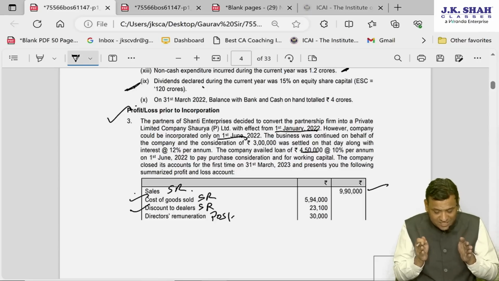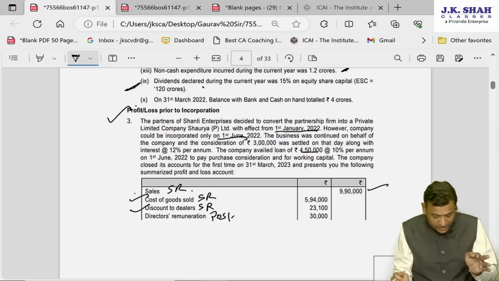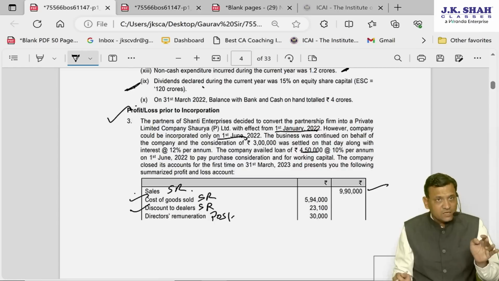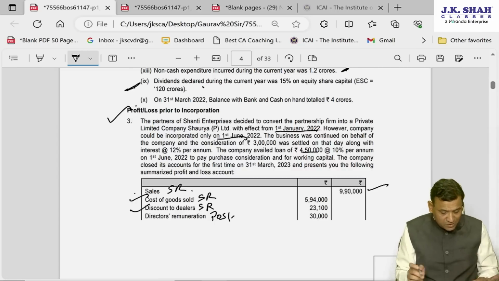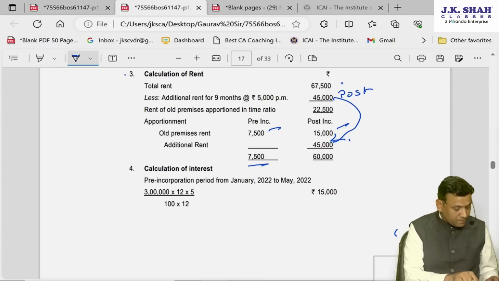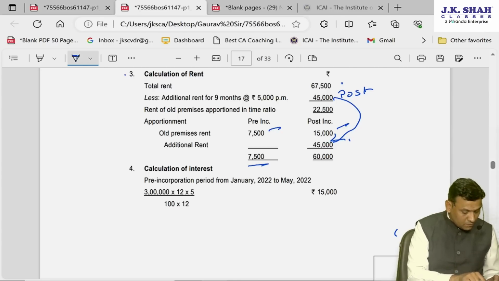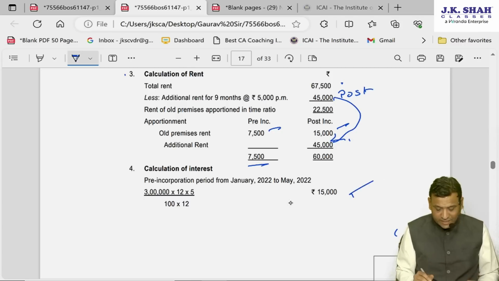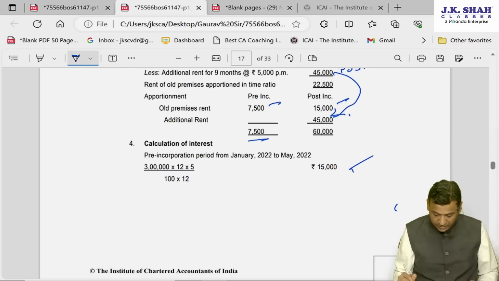You purchased the business in January, so January, February, March, April, May, 5 months interest will be there. Nothing but 3 lakhs into 12% for 5 months, which gives me 15,000. So interest of 15,000 is for pre.